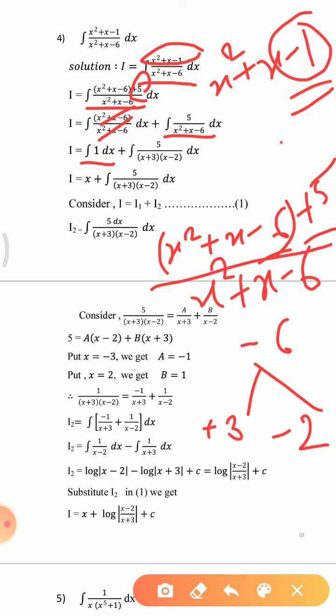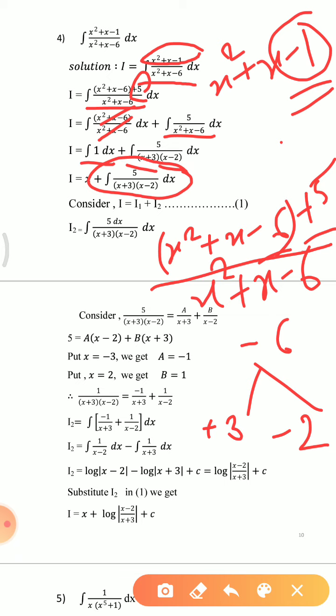So the factors are (x + 3)(x − 2). That is, integration of 1 dx is x plus integral 5 upon (x + 3)(x − 2) dx. Then we consider I = I1 + I2, that is equation number 1.